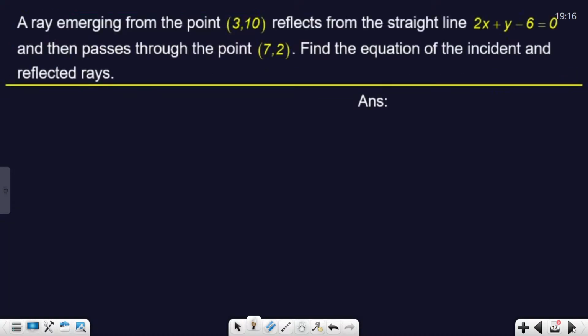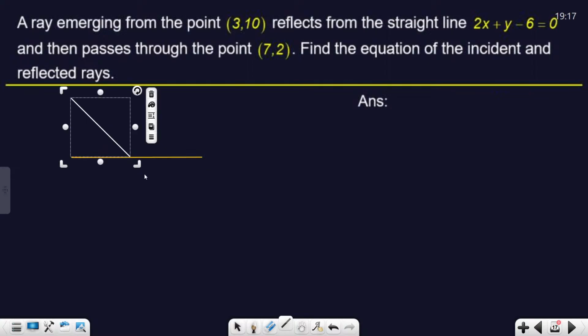The question is: a ray emerging from the point 3, 10, let me just draw the line, gets reflected from the straight line and passes through the point 7, 2. So what have they said?